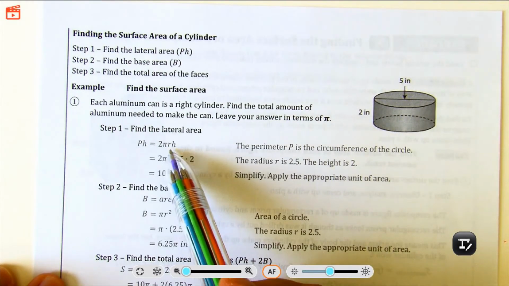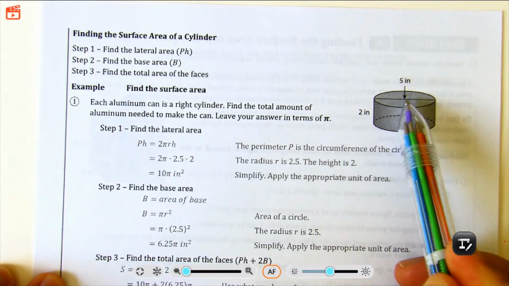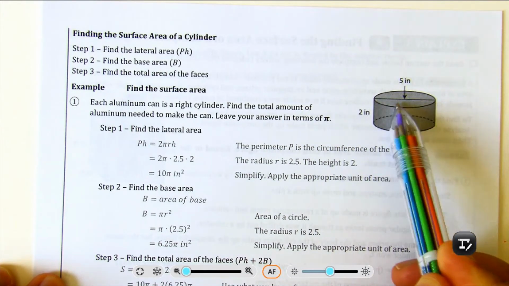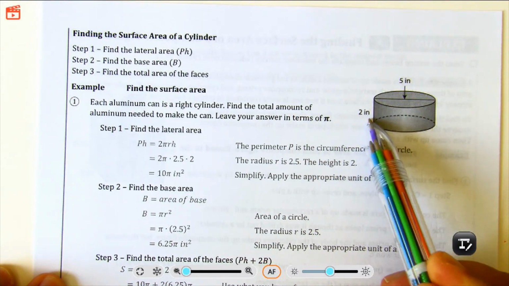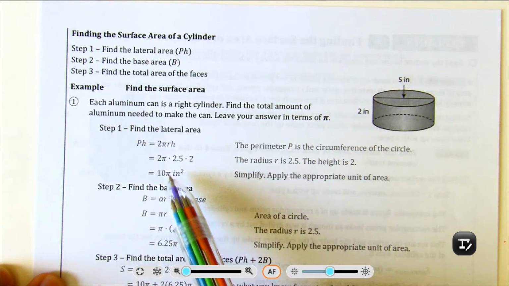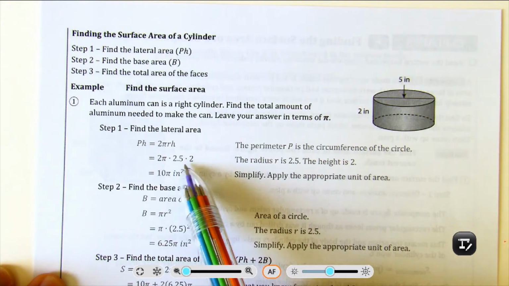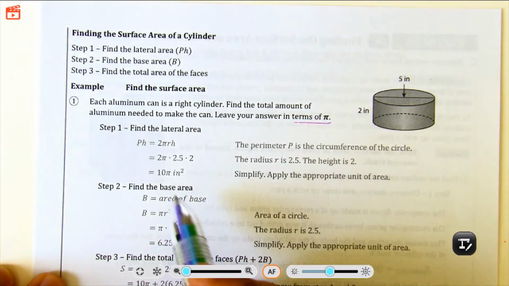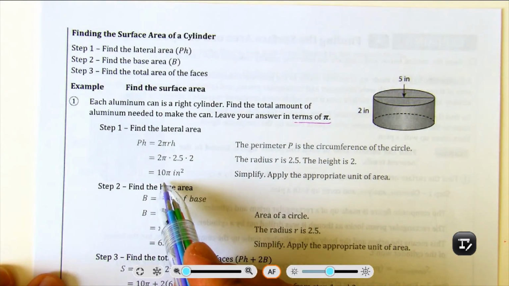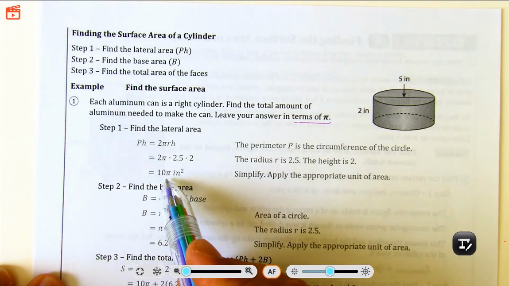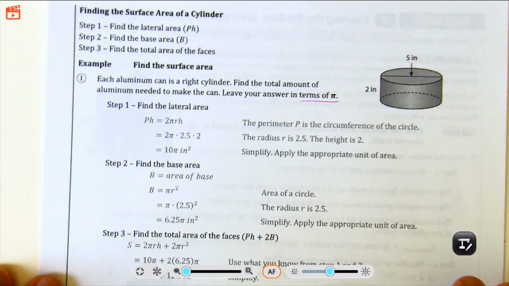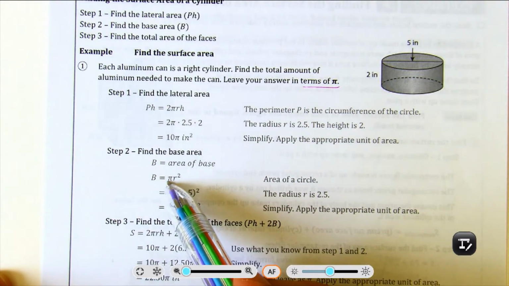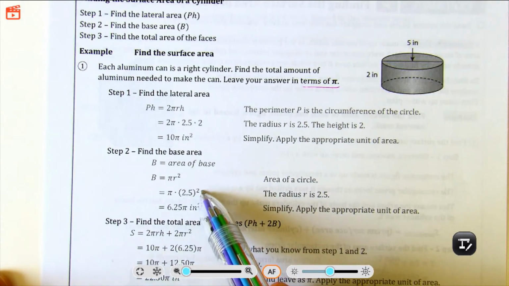The radius of this object is 2.5 because half of 5 is 2.5. And the height of the object is 2. So 2 pi times 2.5 times 2. And they also want this in terms of pi, so that's why you see 10 pi. So lateral area is 10 pi. Then to find the area of the base, we just need the radius. So pi times 2.5 squared ends up being 6.25 pi.